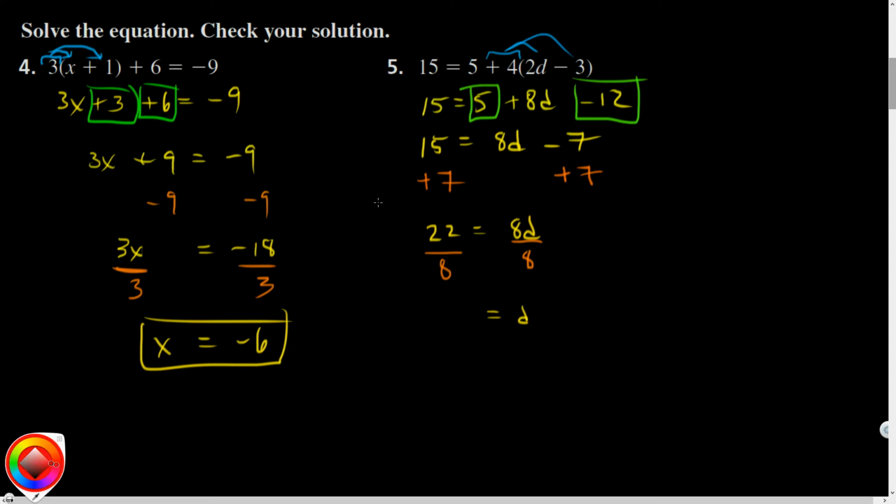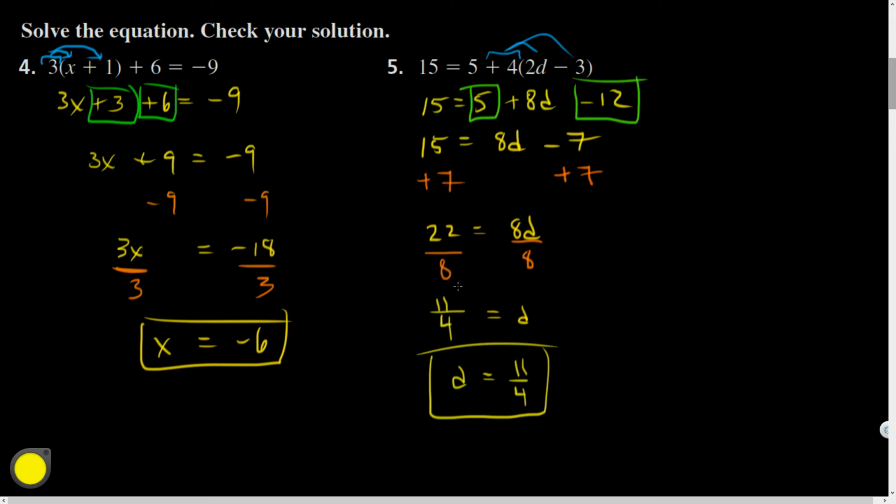All right, so yeah, divide each of those by 2, right? 2 goes into 22 11 times, and 2 goes into 8 4 times. And instead of 11/4 equals d, I'll write d equals 11/4. Look, there's another great numerator, 11 on top of the fraction bar.